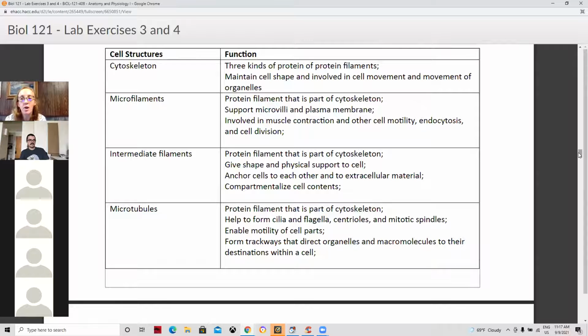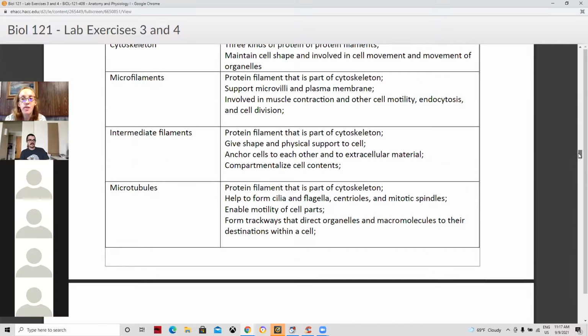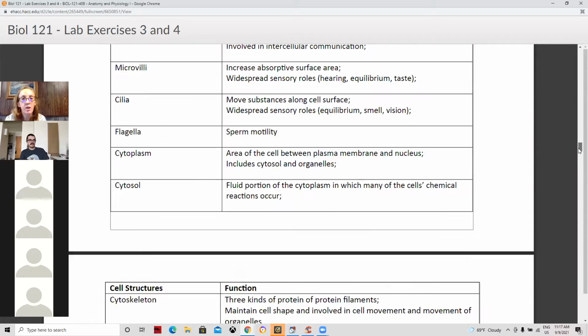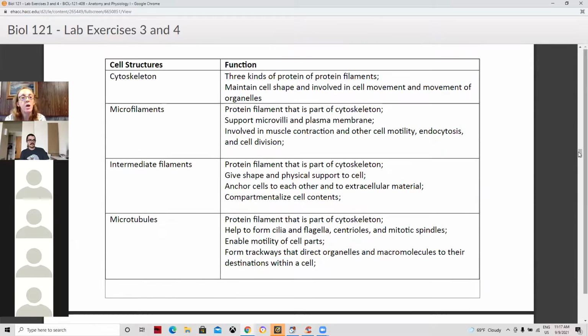Go over a little bit here. So your cytoskeleton, remember cyto, like Tariq said, cyto means cell. So your cytoskeleton is the fibers or the structures within the cell that allow it to have a particular form and allow it to be able to move and maintain a cell shape.